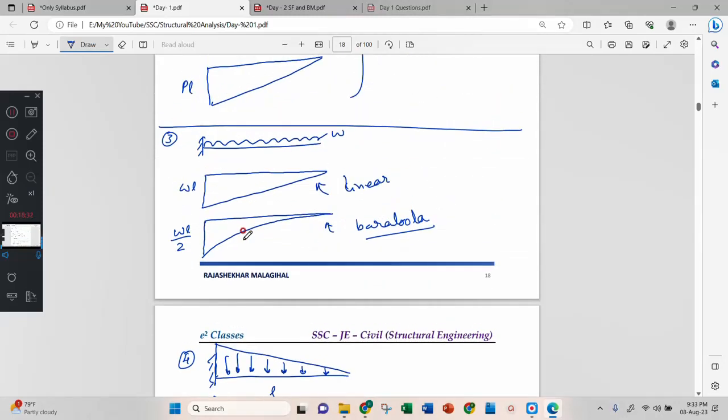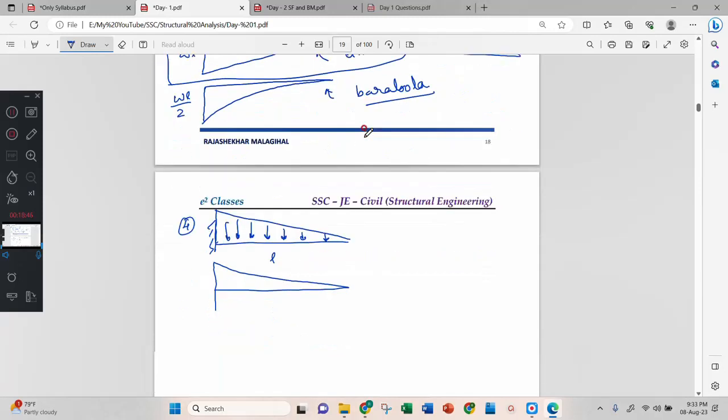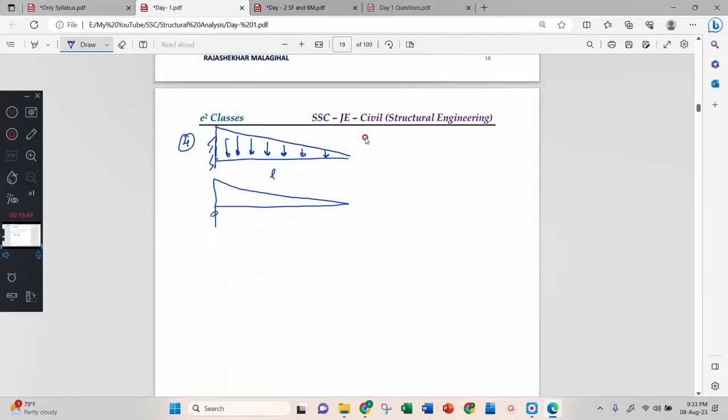Shear force diagram is parabola. Okay. Even in the exam you can write it like this also. Wait. Like this also. Okay. Just sign conventions. This is parabola.